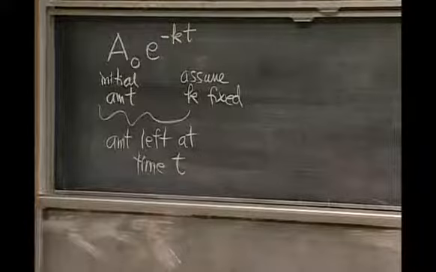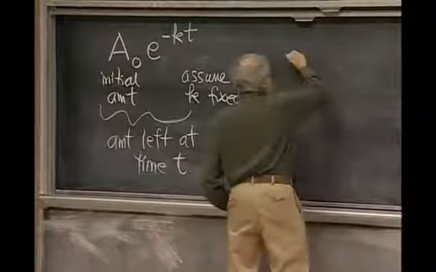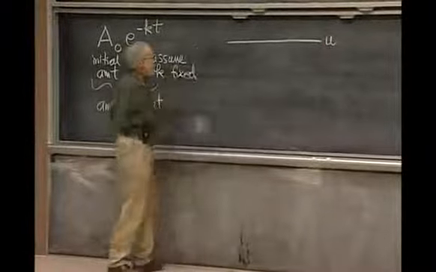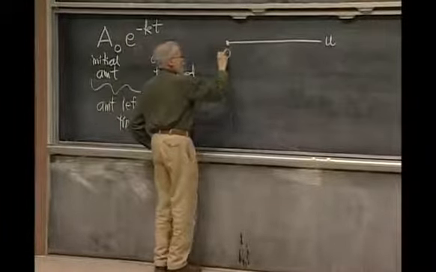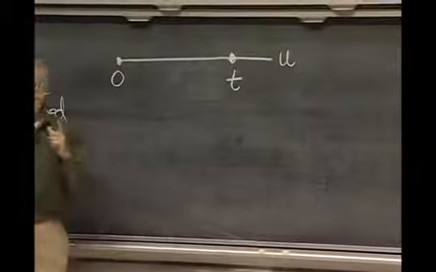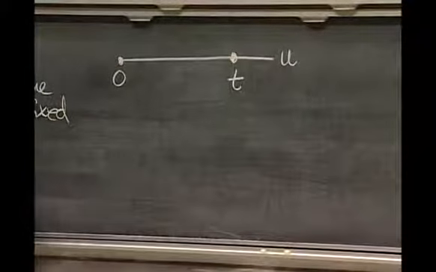Here's the idea. I'll take the t-axis, but now I'm going to change its name to the u-axis. You'll see why in just a second. It starts at 0. I'm interested in what's happening at the time t. How much is left at time t?